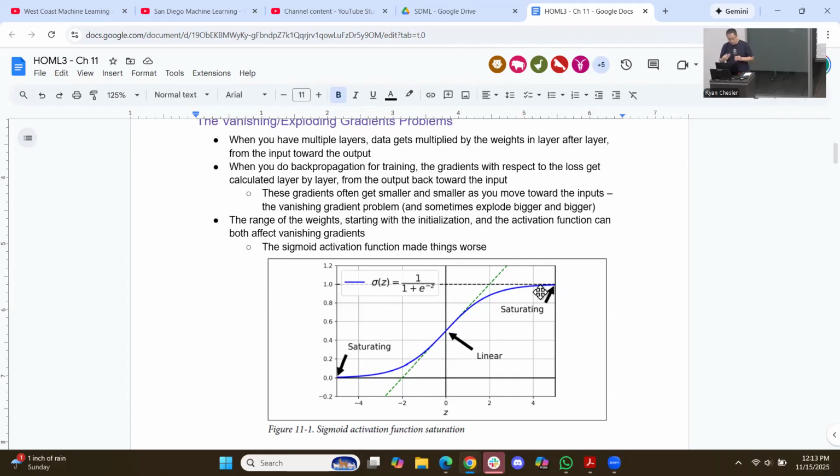So this was a problem. We will see in a later chapter recurrent neural networks, which have a whole other problem because of the way they reuse layers, so stuff repeats. But anything that's deeper runs into this problem.